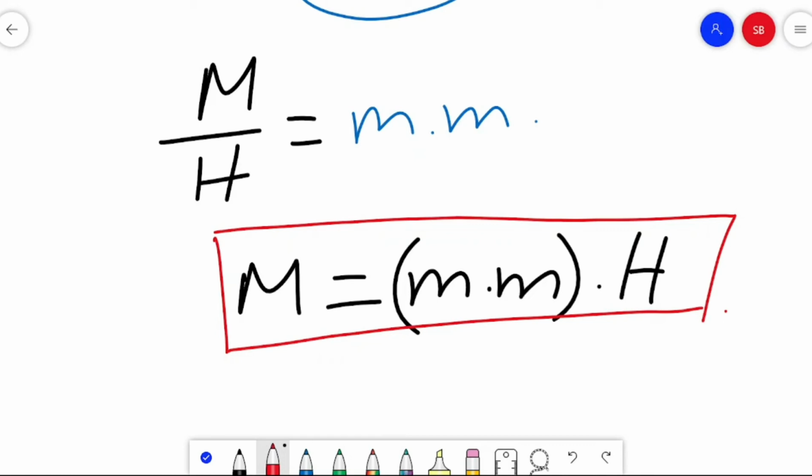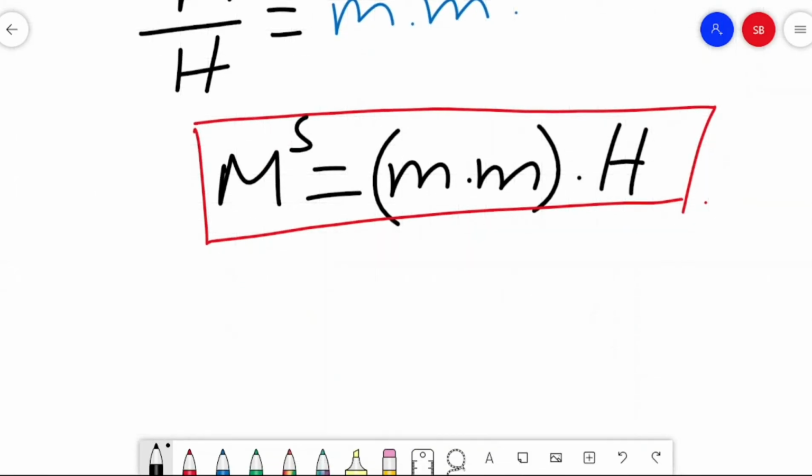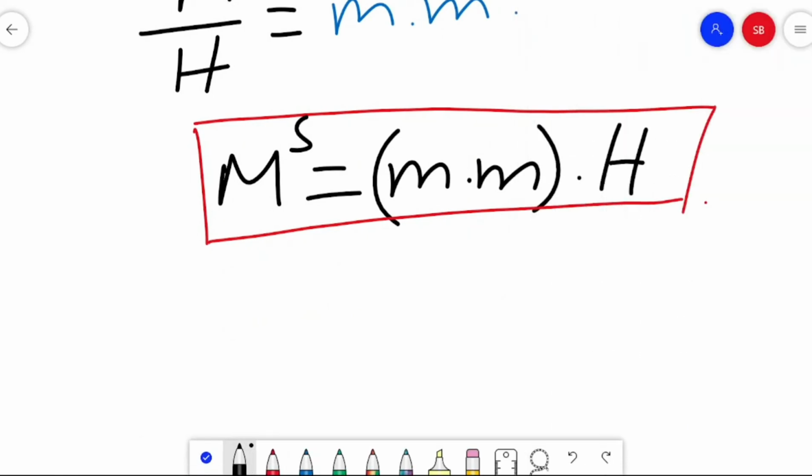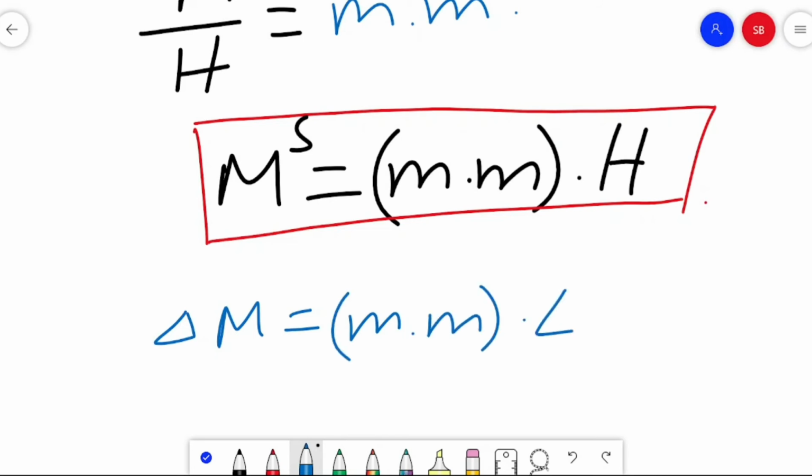capital M is the money supply. You can also write small s on the top of M, and that H is representing the high powered money. Now another form of writing this money multiplier is, let me mark it in a different color, that is delta of M is equal to mm, of course the money multiplier, into change in high powered money.